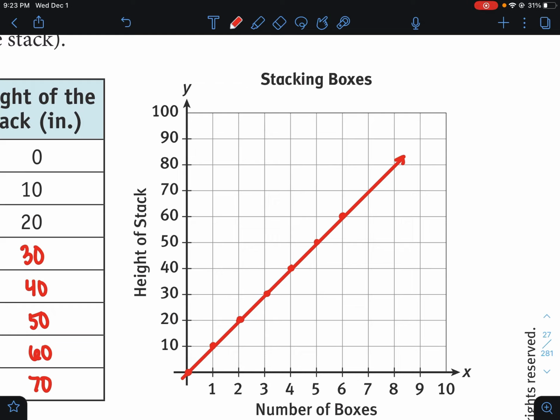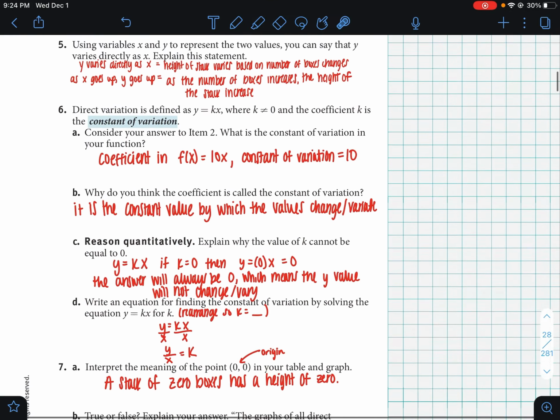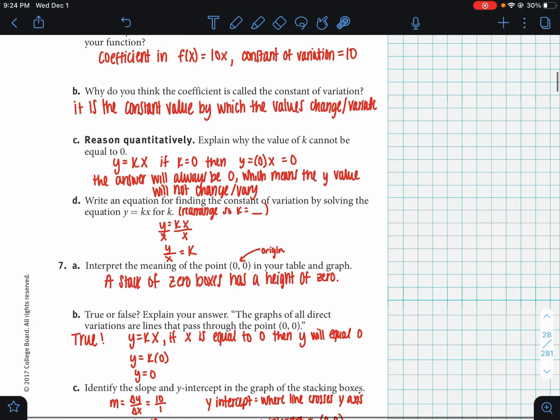If we were to have a line that looked like this and it crossed at 60, our y-intercept would be at the point (0, 60). So again, our y-intercept here is at (0, 0). Just wherever it crosses or intercepts that axis.